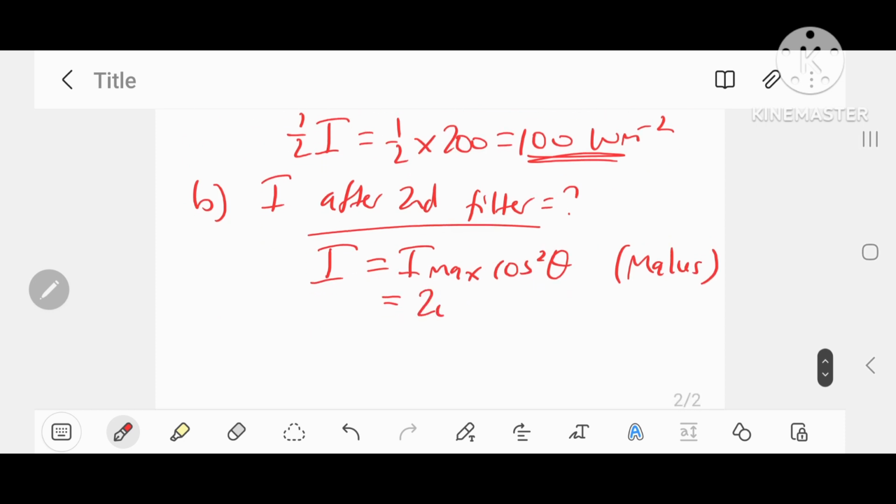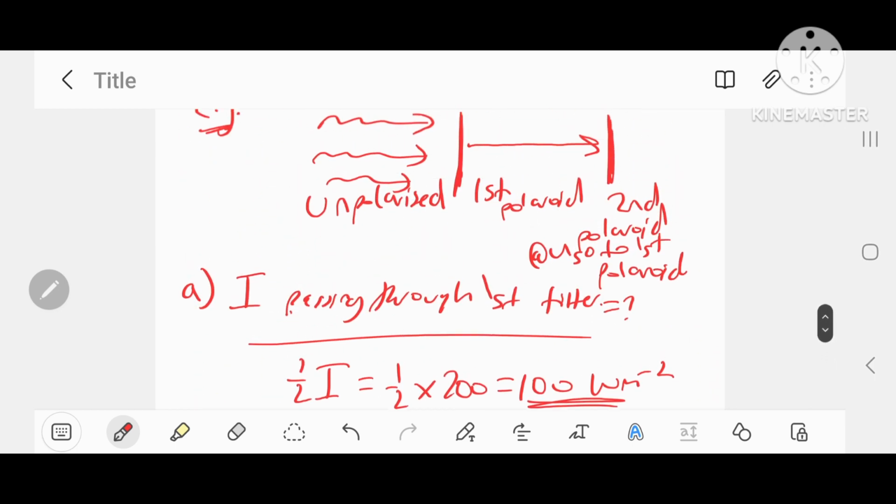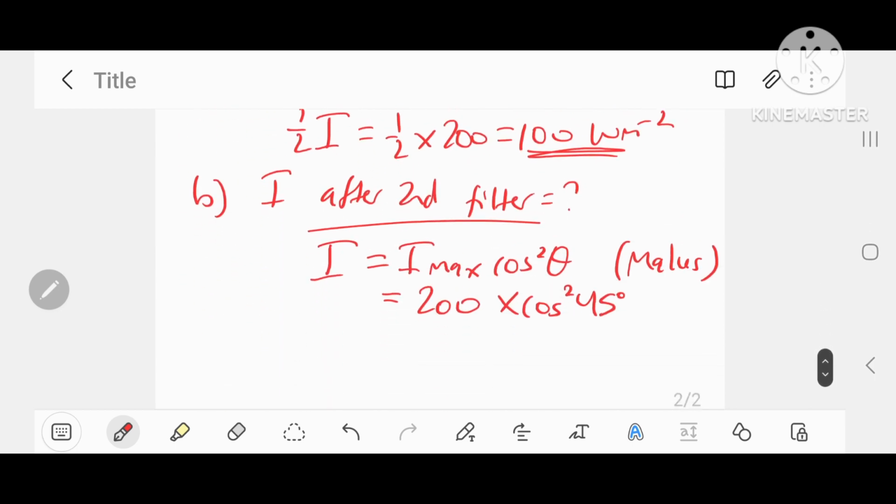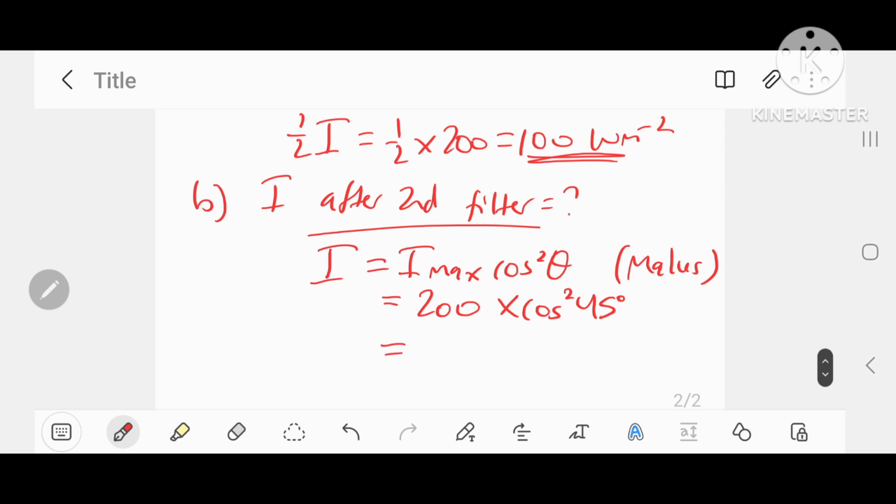So that's 200 watts per meter squared, and the angle 45 degrees because the second filter is at 45 degrees relative to the first one. So it's 200 cos squared 45 degrees, and we get 100 watts per meter squared. And that's how Malus's law works, and that's the idea of polarization.